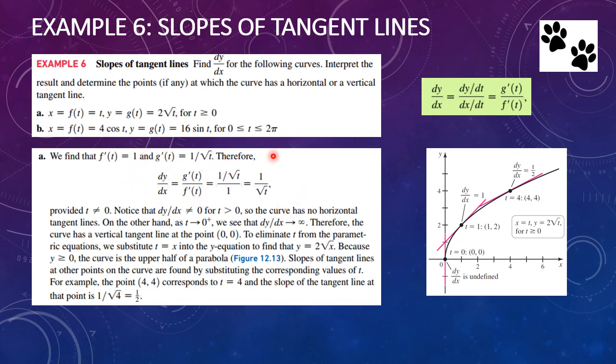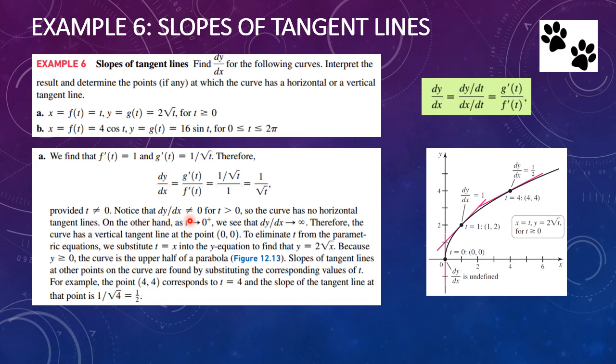So when we plug them into the definition for parametric curves, we get dy/dx equals g prime, 1 over the square root of t, over 1, which just gives us 1 over the square root of t, provided t does not equal 0.